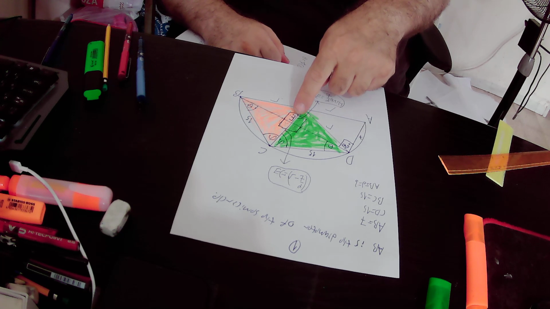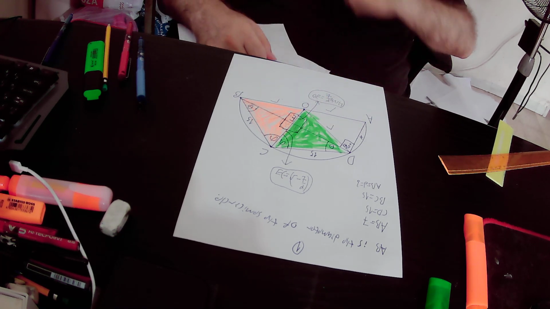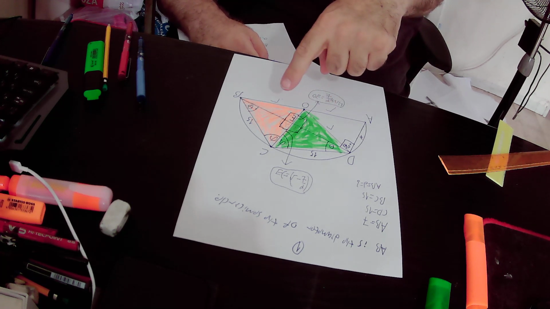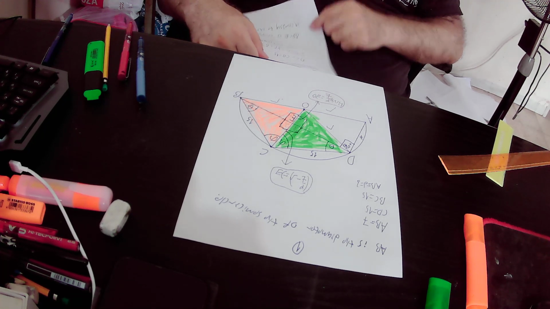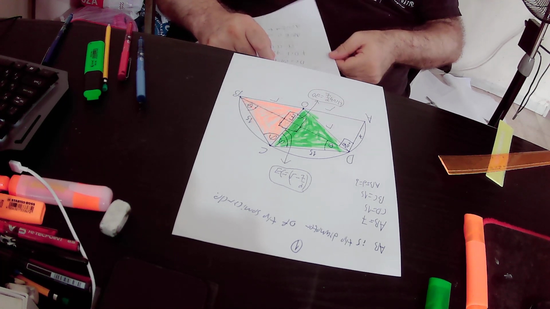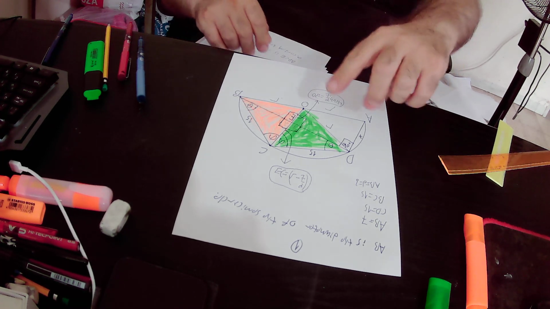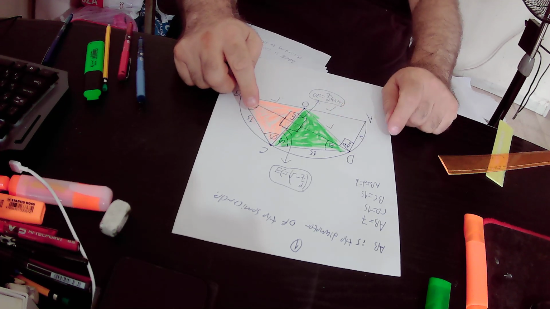Then we define this point as point E, and we focused on triangle CDE and the other triangle, triangle CBE. In those two triangles, we know that DC equals CB, and both sides are equal to 15 units.